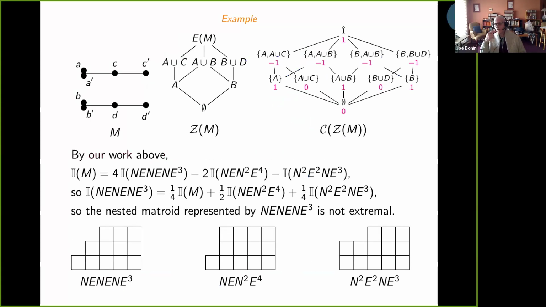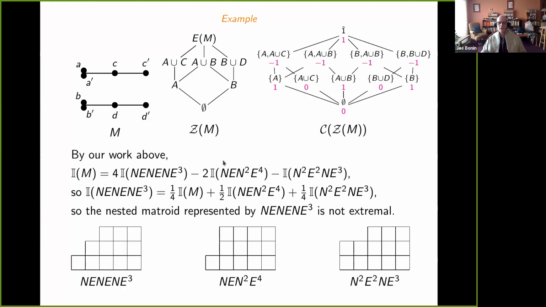Okay, it's good to see some examples that aren't extremal, just to get a sense of what this really involves. Not all matroids are extremal. So let's go back to our example. We have the indicator function of M, so for that initial matroid, is 4 times the indicator function of this nested matroid minus 2 copies of the indicator function for this, minus 1 copy of this.